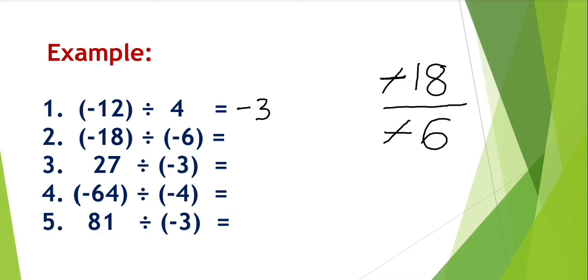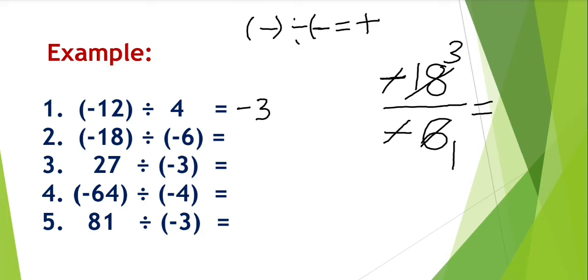In the 6 table we get 18. 6 threes are 18, so we can cancel this. 6 ones are 6, 6 threes are 18. Here if you observe, a minus integer we are dividing with minus. That means minus divided by minus gives us a positive result. We already discussed this previously. So here also we can cut minus with minus, and 6 ones are 6, 6 threes are 18.